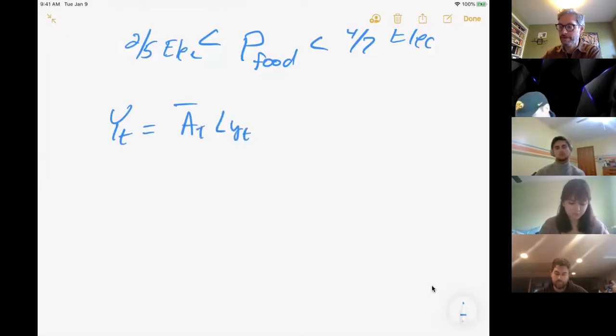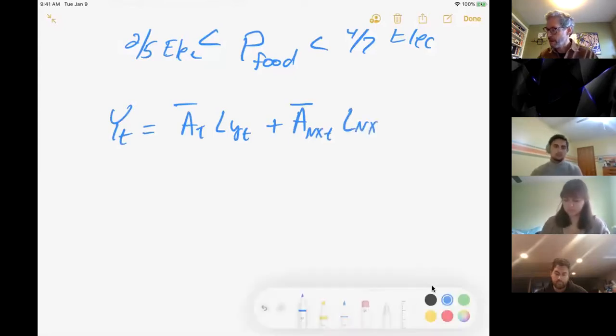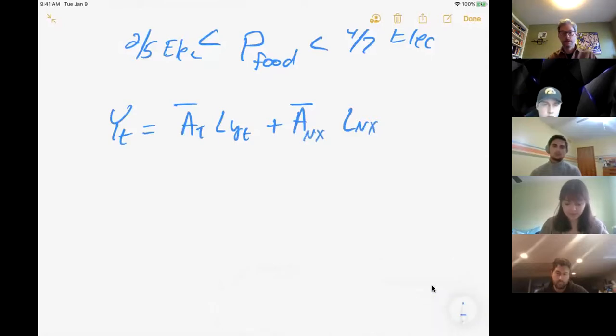So output is a function of A times L_Y, but then also some of our output is going to be devoted to exports. Okay, so some of our output we're going to devote domestically, and some of our output and some of our workers we're going to devote to working in the export sector.